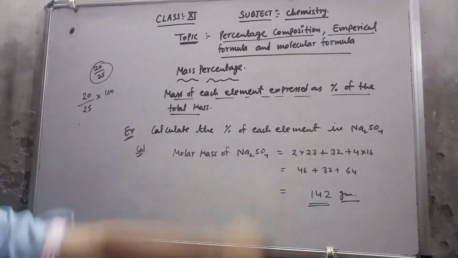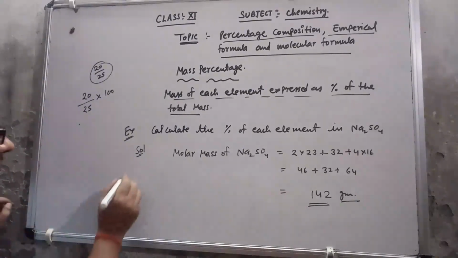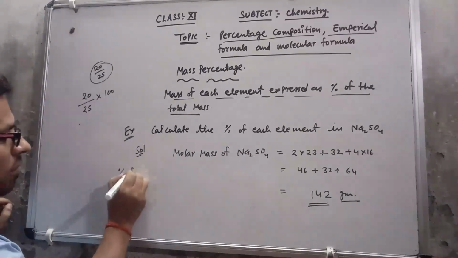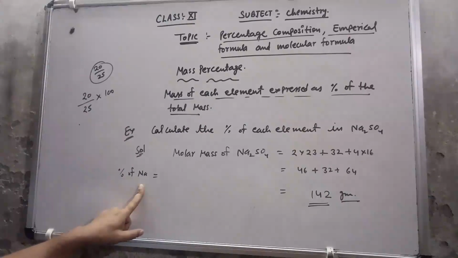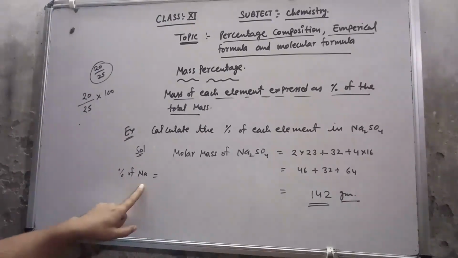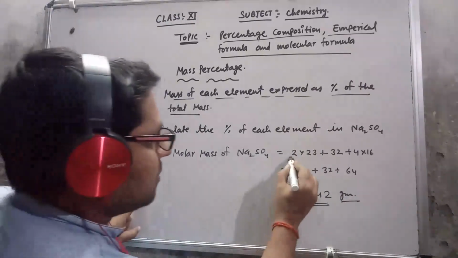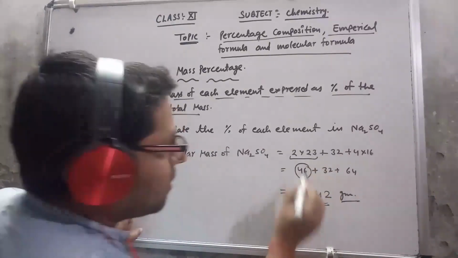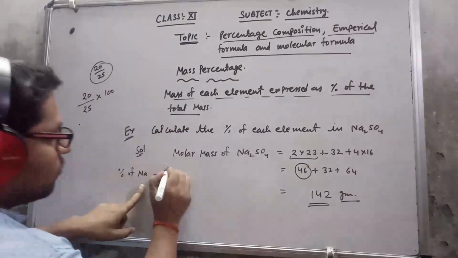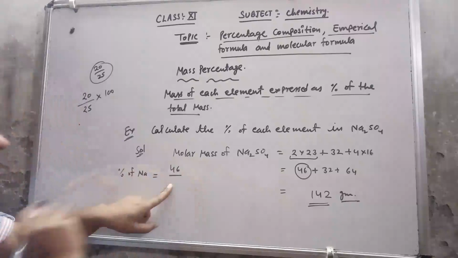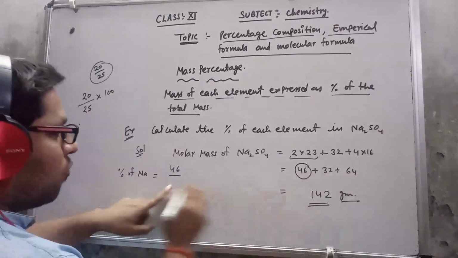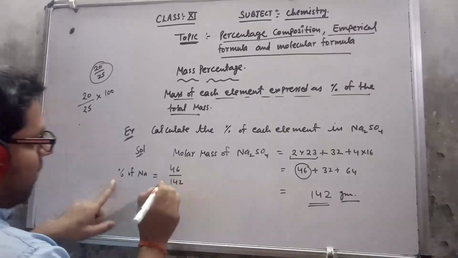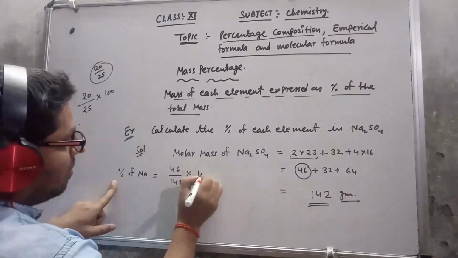Now the percentage of sodium. What is the mass of sodium in sodium sulfate? It is 2 into 23, that means 46. So the mass of sodium upon the total mass, 142, multiplied by 100.